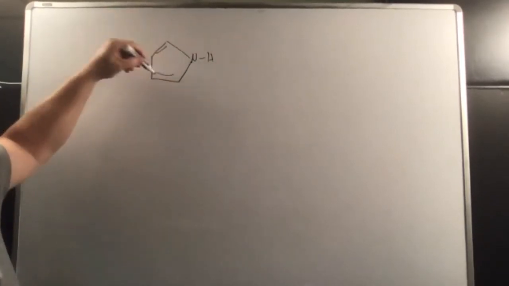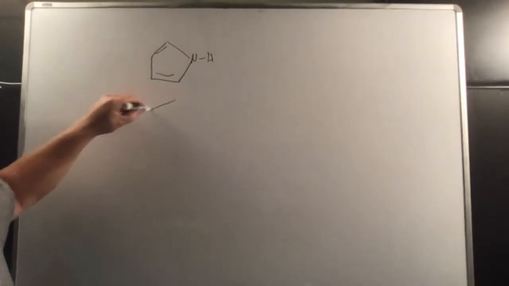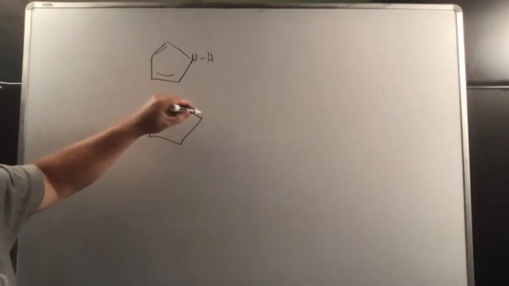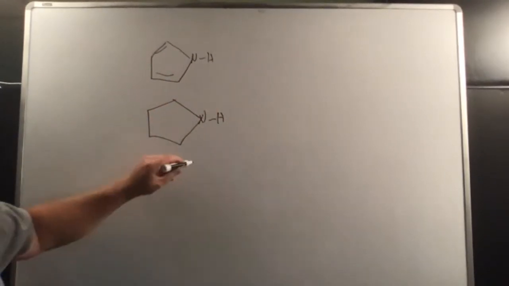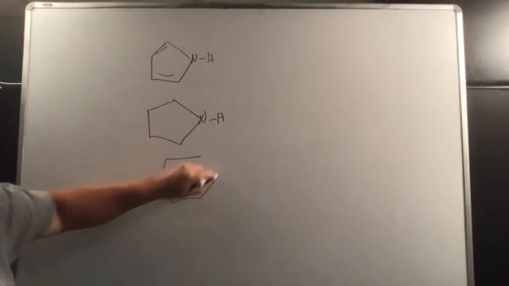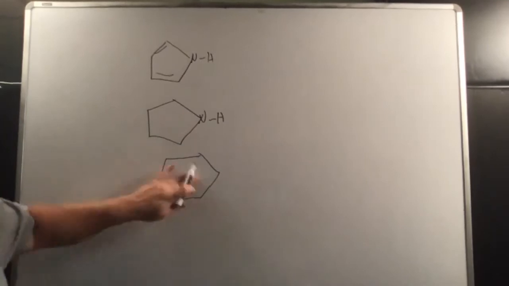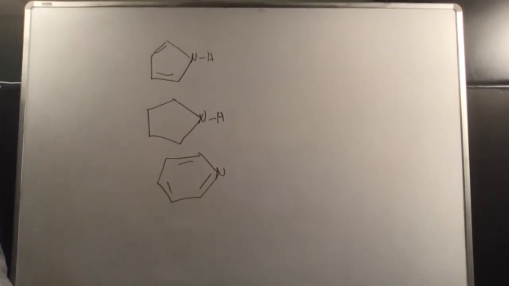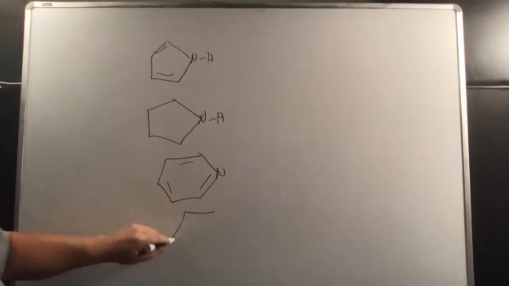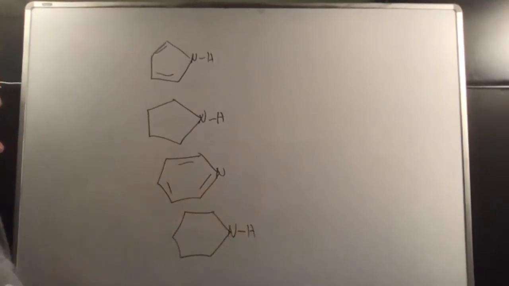In this case, I have 2 double bonds. Same structure without double bonds. Then we're going to look at this compound. Well, and I'm going to go ahead and show these with the double bonds. And then I'm going to look at this compound. Again, with no double bonds.